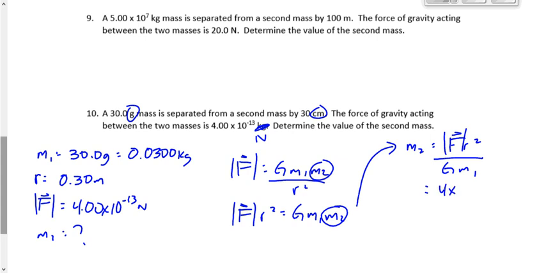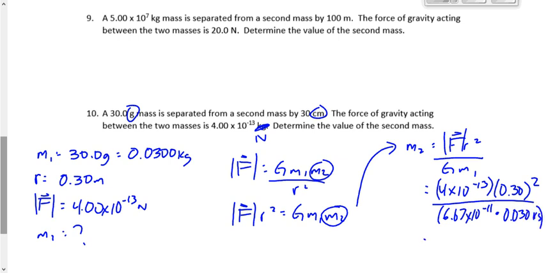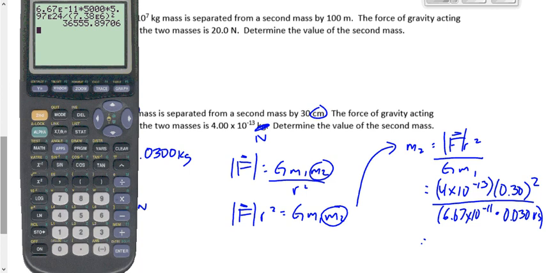Let's sub our numbers in here now for this. 4 times 10 to the negative 13 times 0.30 squared over 6.67 times 10 to the negative 11 times 0.03 kilograms. Okay, we certainly want to do this one on our calculator. Watch carefully how I do this correctly. I'm going to do it wrong first, and I want you to tell me where I've done it wrong.